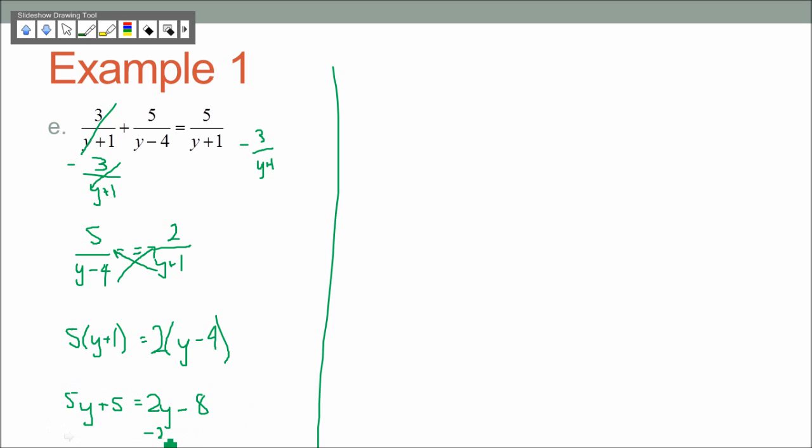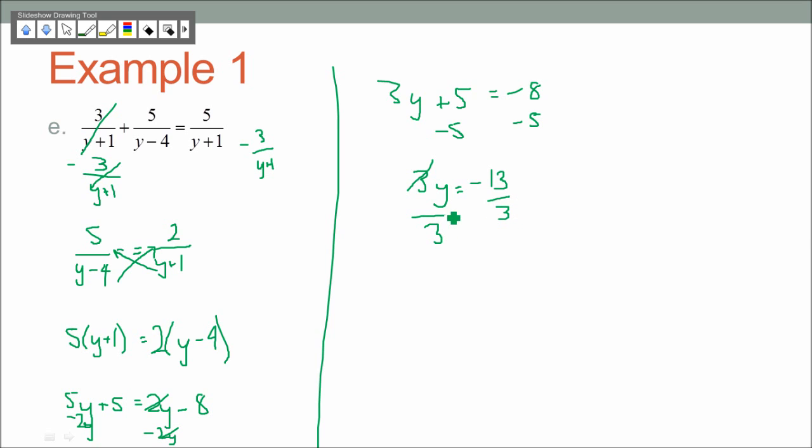So we're going to subtract 2y from this side, subtract 2y from this side. So that will give us 3y plus 5, and that equals minus 8. Then we'll take 5 from here, take 5 from here. 3y equals minus 13. Divide by 3, divide by 3. y equals minus 13 over 3.